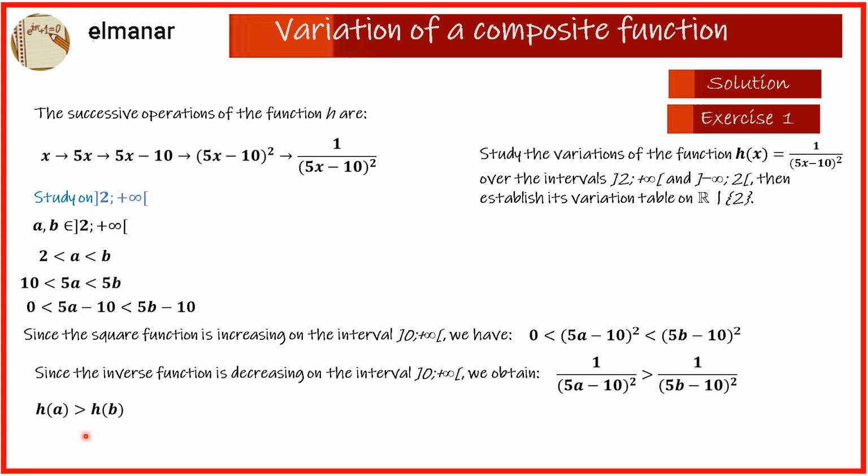Since a is less than b, it follows that h of a is greater than h of b, meaning the function h is decreasing over the interval from 2 to positive infinity. Thus, we conclude that the function is decreasing over the studied interval.